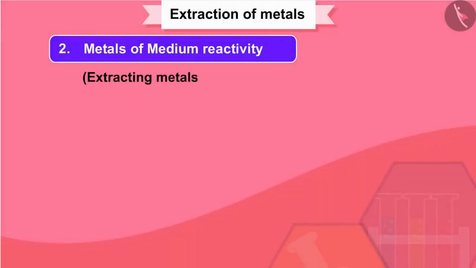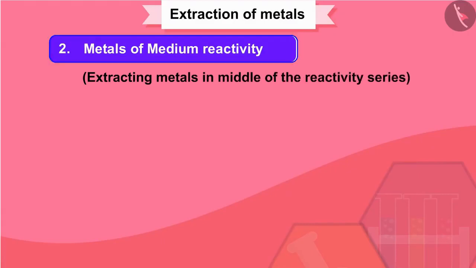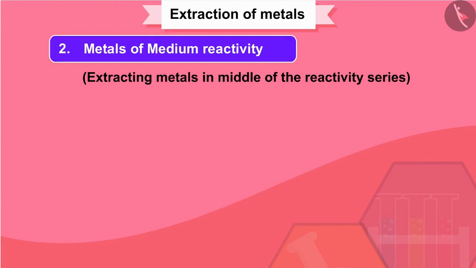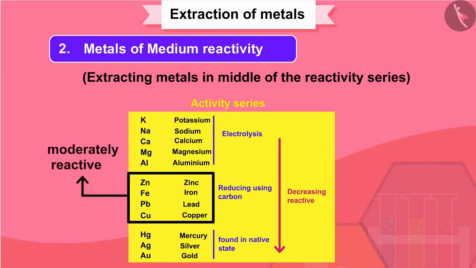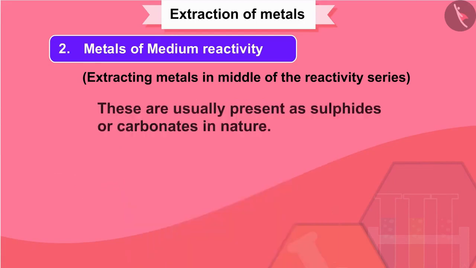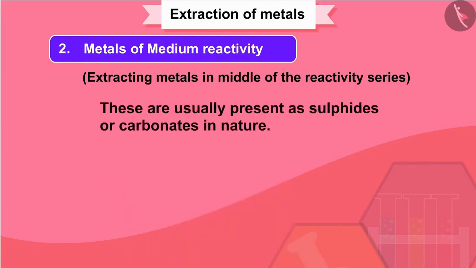Extracting metals in the middle of the reactivity series. Metals with medium reactivity. The metals in the middle of the activity series, such as iron, zinc, lead, copper, are moderately reactive. These are usually present as sulfides or carbonates in nature.